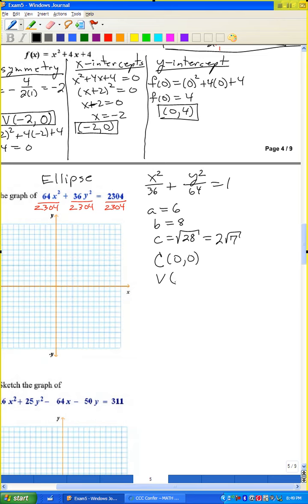The vertices are at plus or minus 6, 0 and 0, plus or minus 8. And the foci, since 64 is bigger than 36, will be along the y-axis, so 0, plus or minus 2 rad 7.